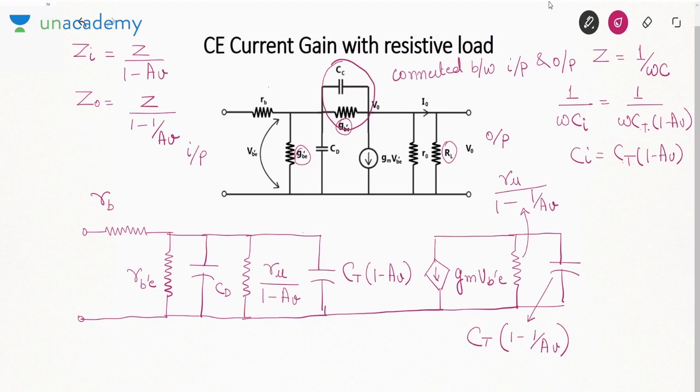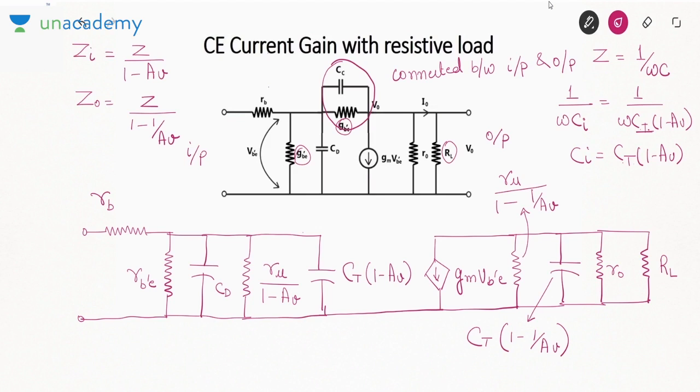I showed you the reason, because the reactance of a capacitor is reciprocal to the capacitance. Then the rest of the resistances are R0 and RL. Okay. Now that means I have resolved the circuit into two parts. One is at the input and the other is at the output.